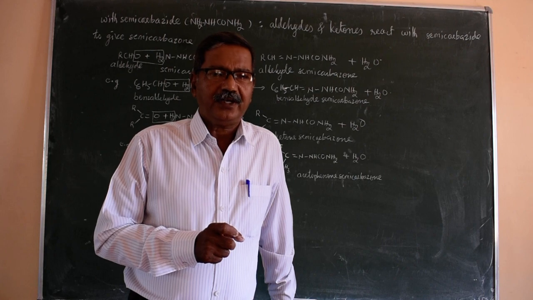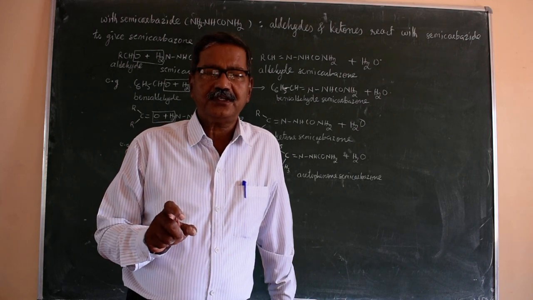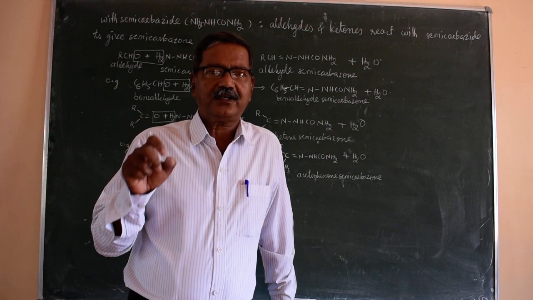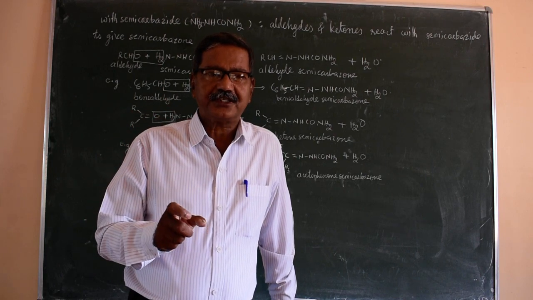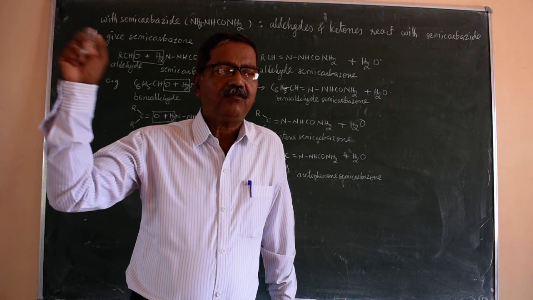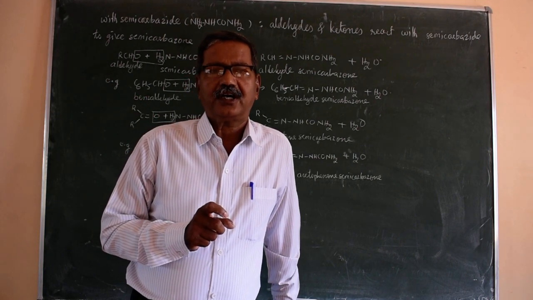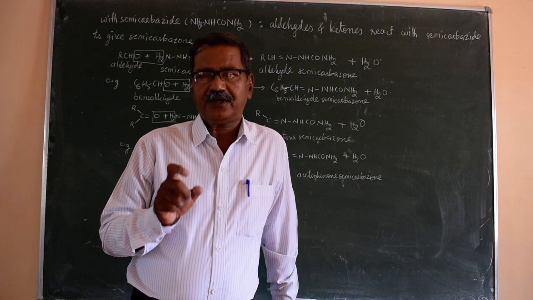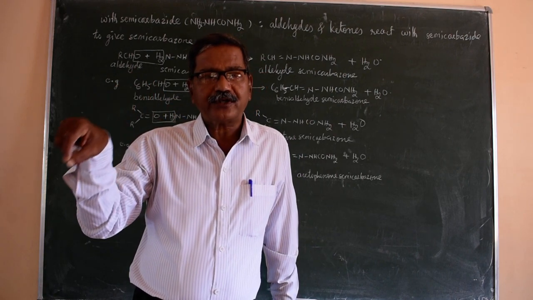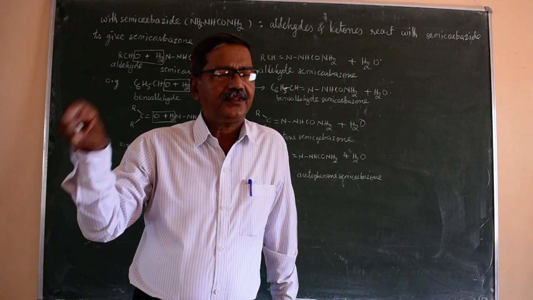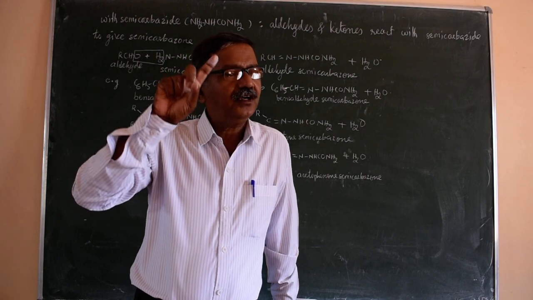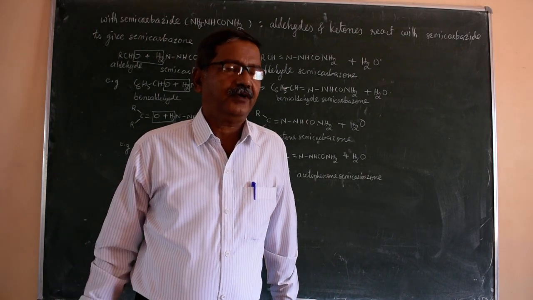Fehling's solution is copper sulfate and sodium potassium tartrate with NaOH; you get cuprous oxide and carboxylic acid. So what you have to remember is that Fehling's solution is reduced to cuprous oxide, and Tollens reagent, a silver oxide complex, is reduced to silver.